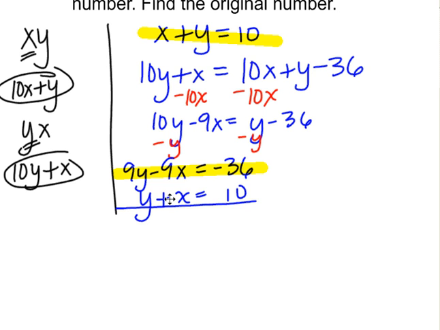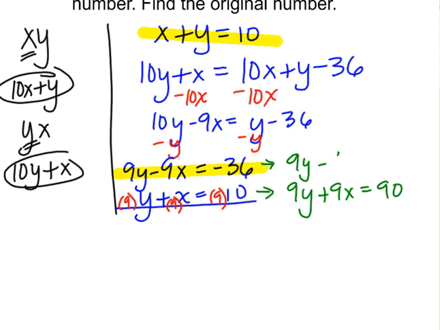But as you can see, if I was to add them right now, nothing would cancel. So I'm going to multiply this bottom equation all the way through by 9 and get a new equation. Now I will have 9y plus 9x equals 90. And on top, I'm going to keep the one I had, 9y minus 9x equals negative 36.